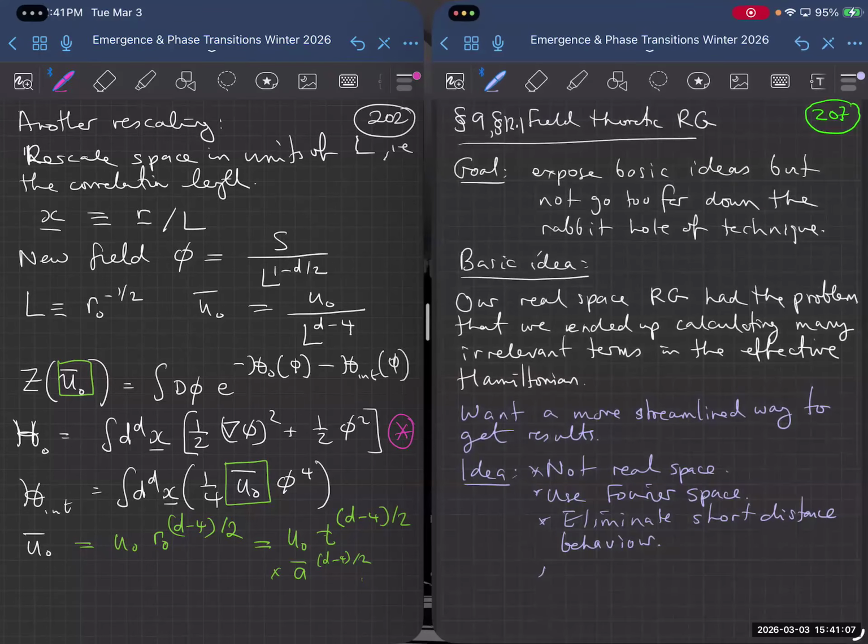The way we're going to do that is we're going to call our cutoff lambda.